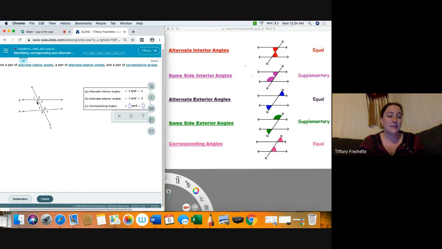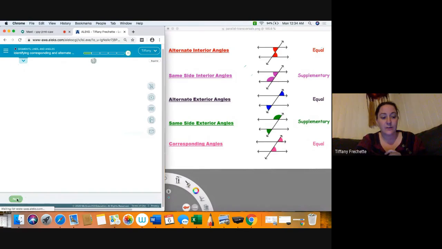It does a little bit, but 5 looks a little bigger than 1 to me. So because they're not parallel, they're not actually congruent. We still call them corresponding angles in this situation. They just don't have the same relationship they would if those lines were parallel. All right, let's go ahead and check. Yay, we're good. Okay.